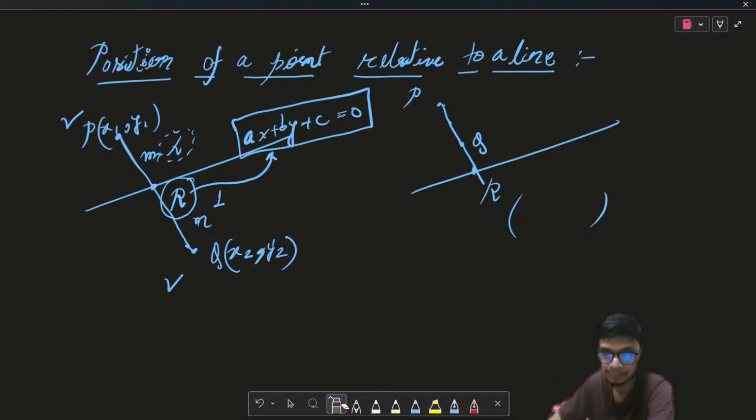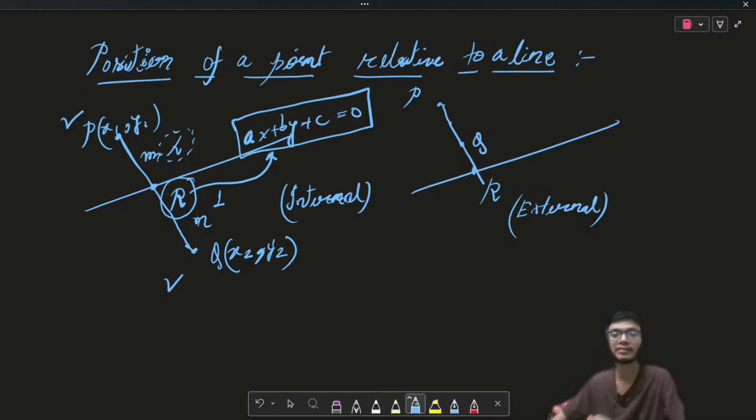In the case of internal division, the ratio is going to be positive, whereas in external division, the ratio will come out to be negative. Depending on this, I'm going to judge whether my points P and Q are lying on the same side or on the opposite sides, right?